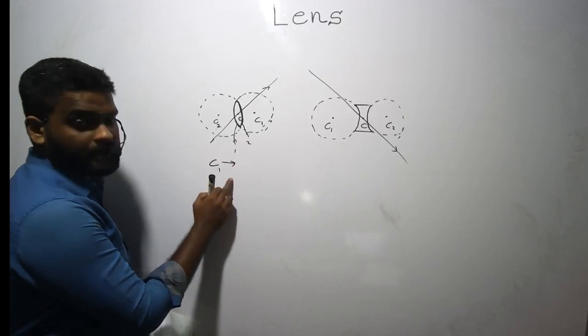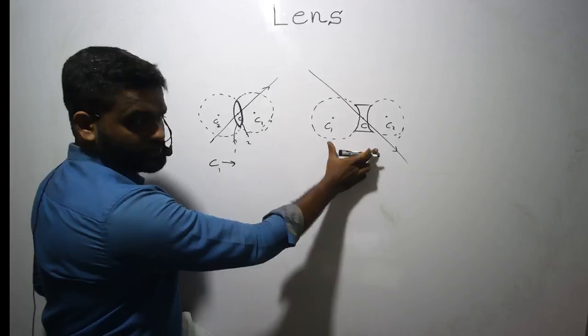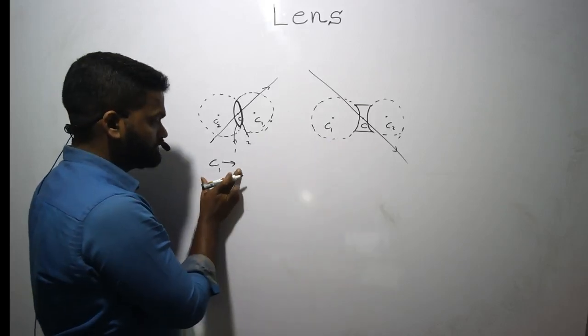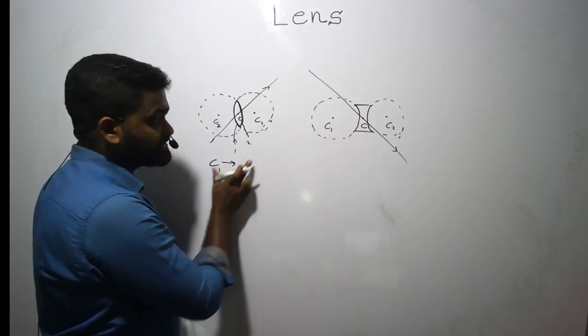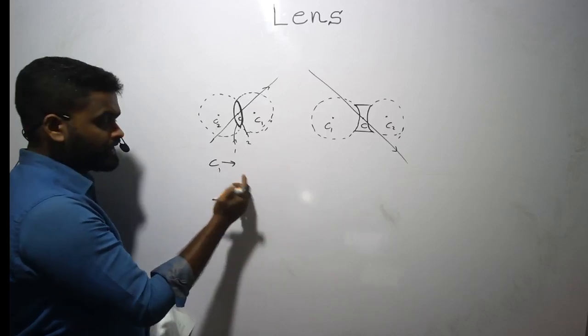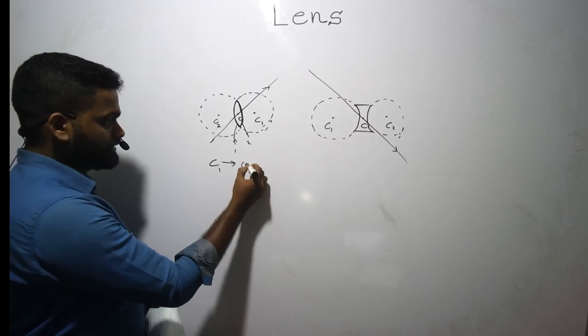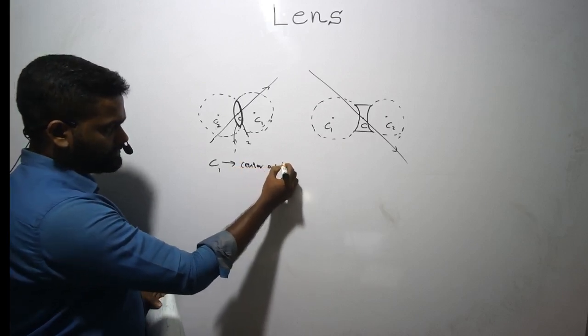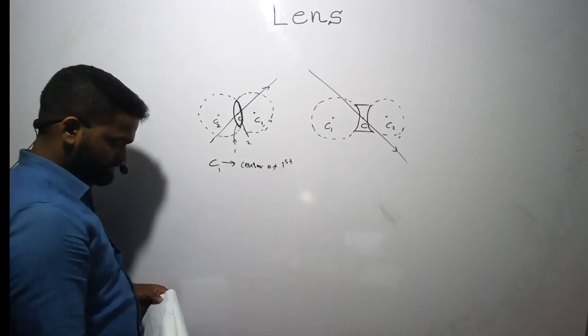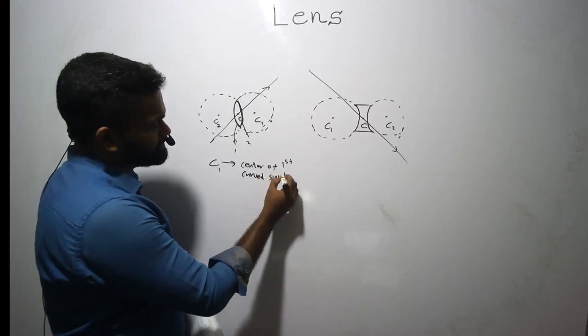Below this you can write, commonly, for both. What you're writing here is common for both, okay? So you don't have to separate it. Okay, so C1 is what? Center of first curved surface.